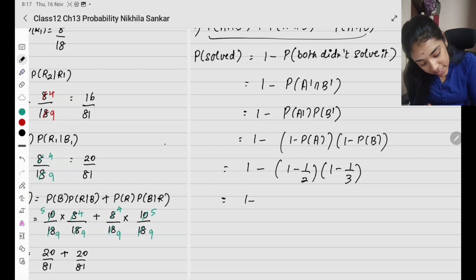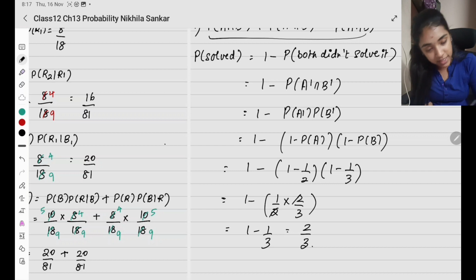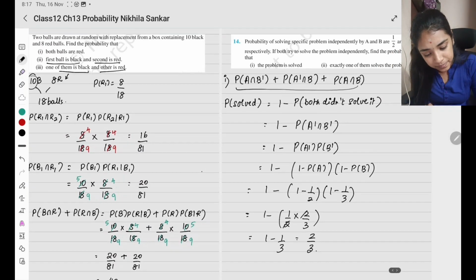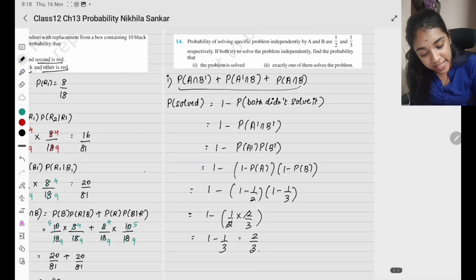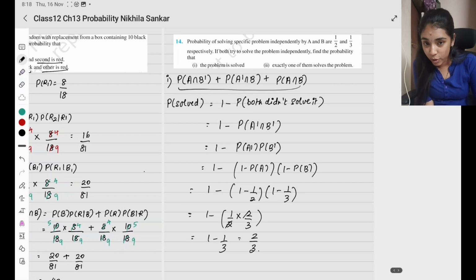So 1 minus 1 by 3 is going to be 2 by 3. So the 2s cancel, and I get 2 divided by 3. Okay, simple. Second subsection, exactly one of them solves the problem.